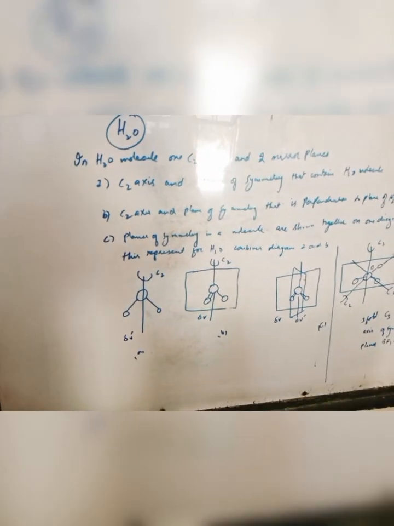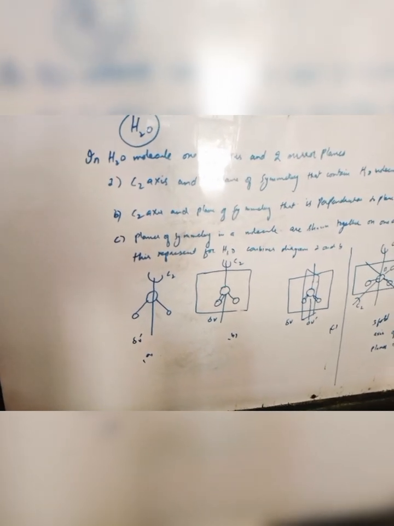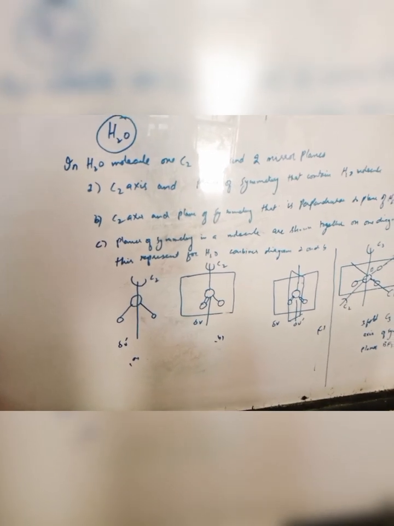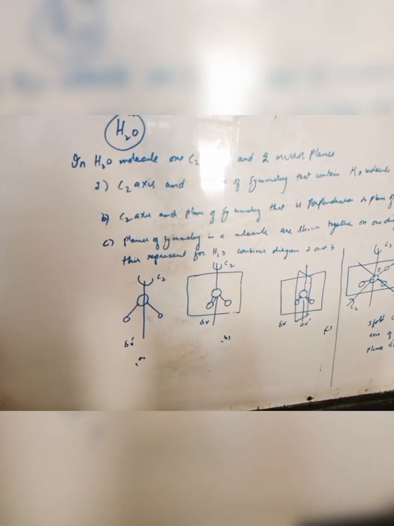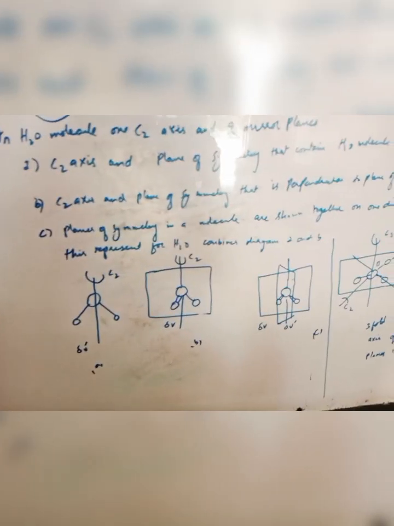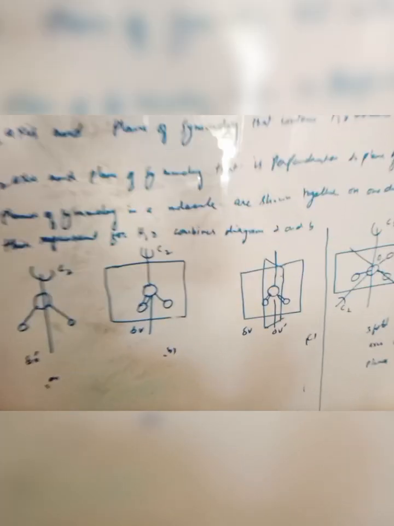As you can see here, A and B, the plane, there is a C2 axis and mirror planes, sigma v and sigma v dash, which are shown in one combined picture, in figure C.